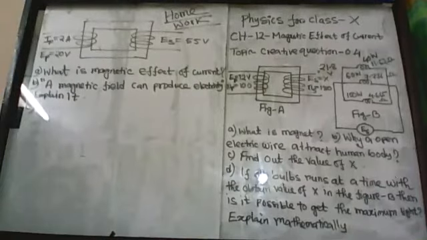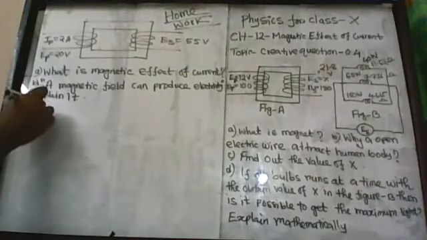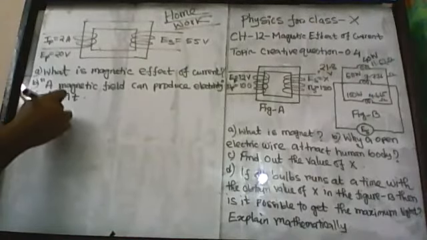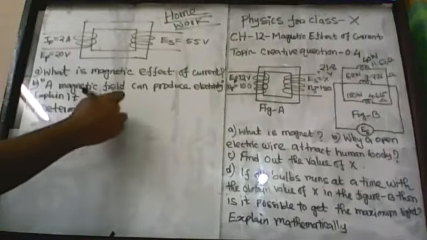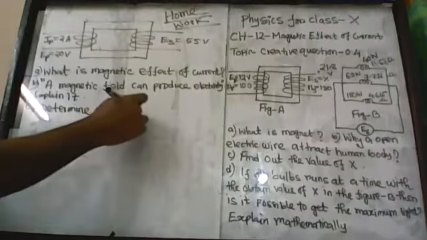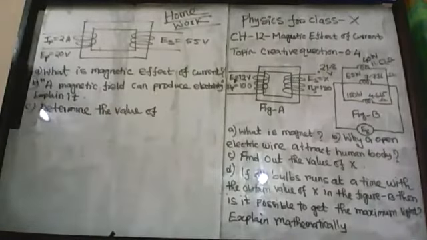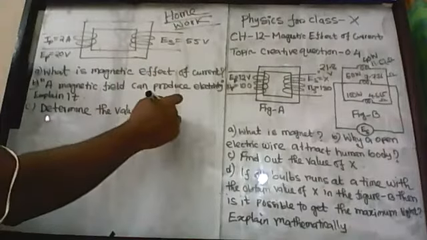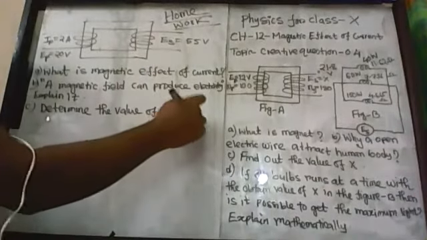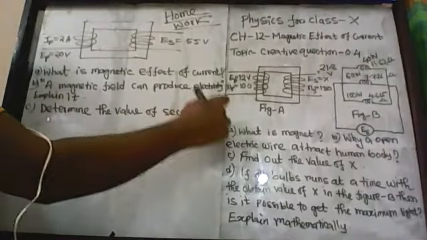Explain it. Question number C: Determine the value of secondary current.